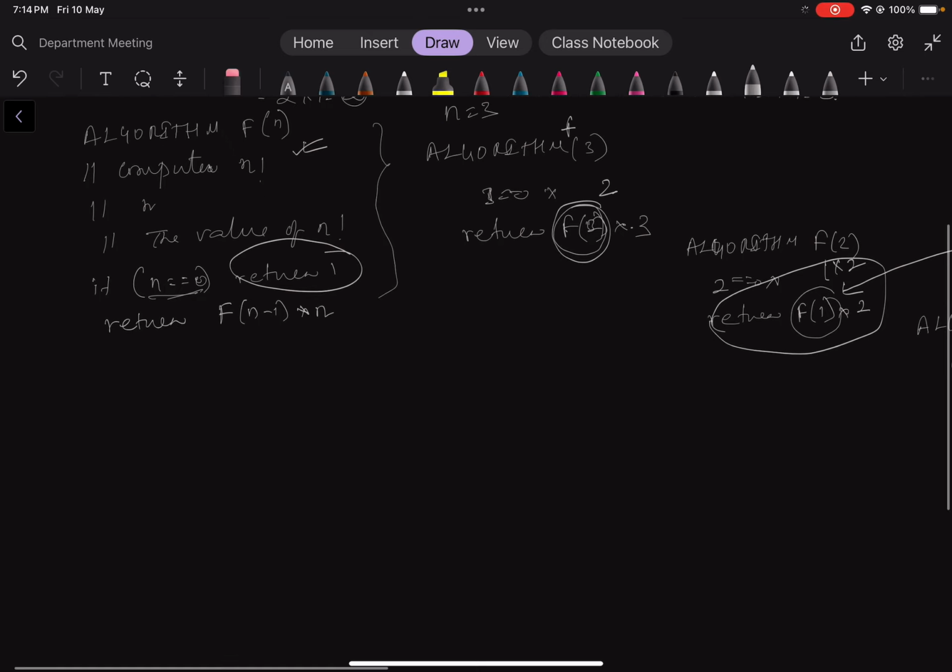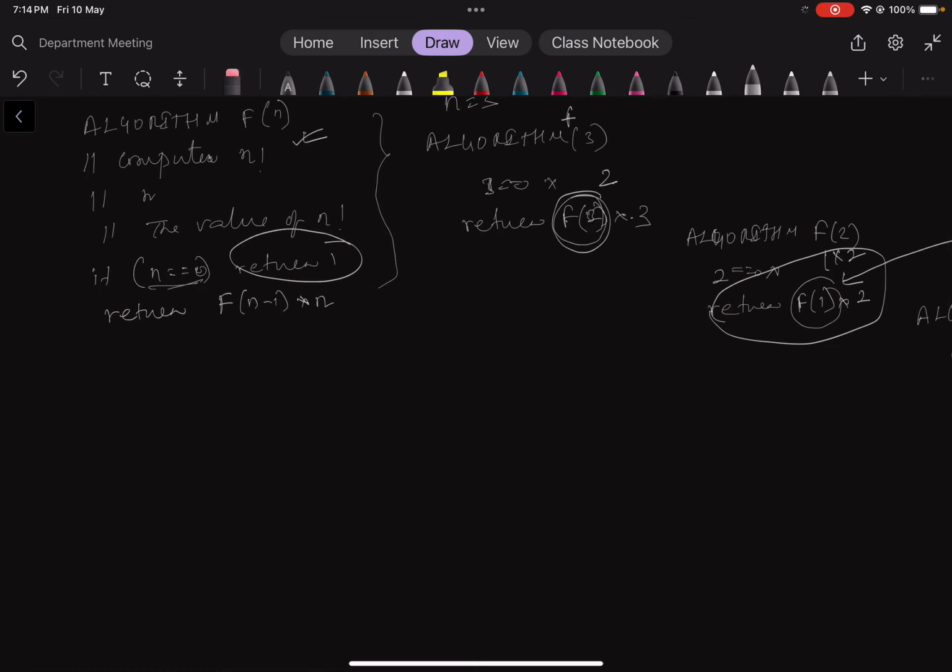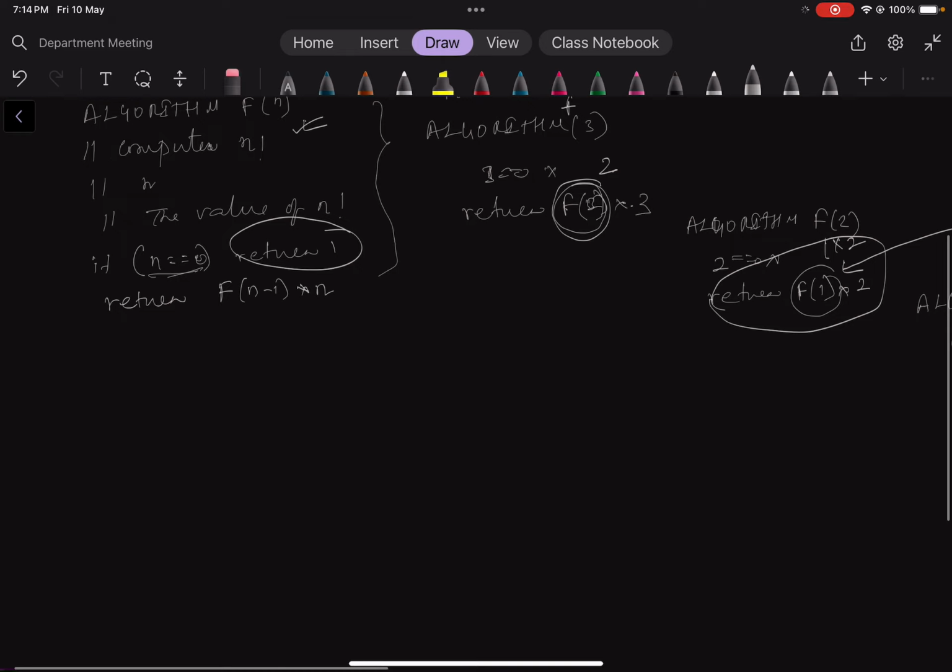Then how are you going to find out the efficiency of this algorithm? What we are going to do is find out the input size indicator. So what is the input size here? The number n itself.